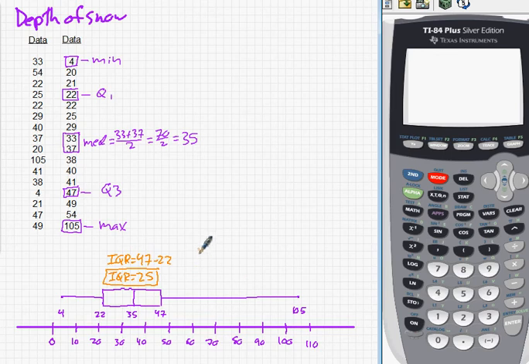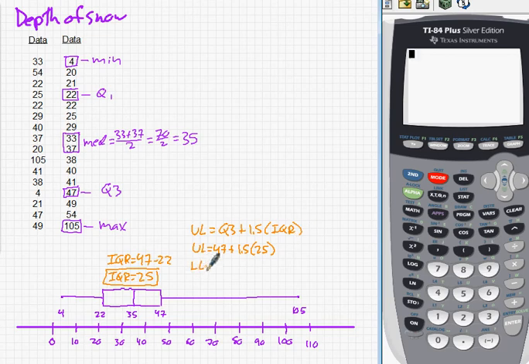The upper limit is going to be the third quartile plus 1.5 times the IQR. I could write this out in formula form, and it would look something like that.